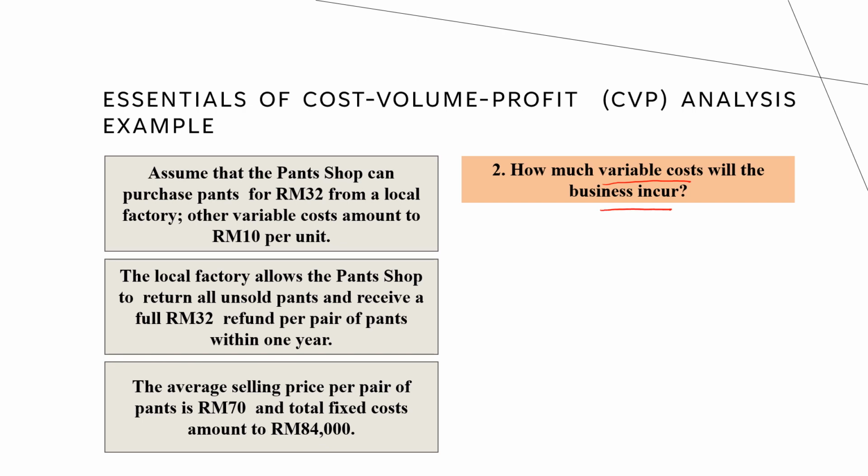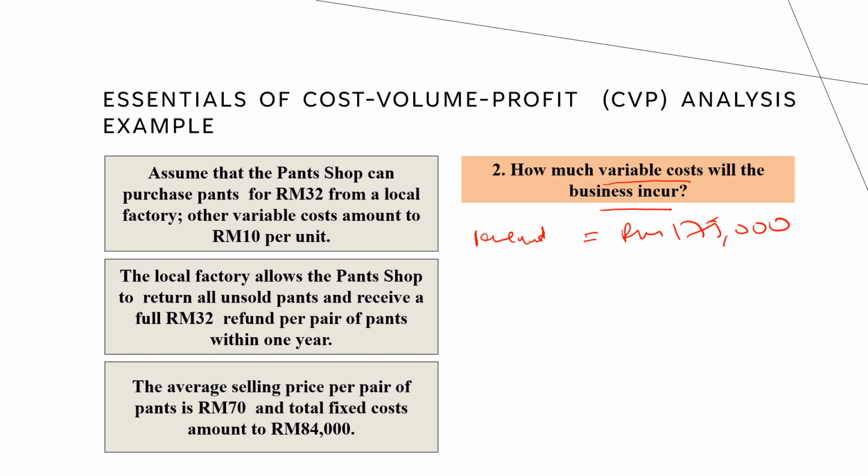From the first question we got the revenue of selling 2,500 units, which is equivalent to 175,000 ringgit Malaysia. So we put it here first, and then in order for us to get this variable cost, we know that the formula of total cost is fixed cost plus variable cost. So we find the total cost first.